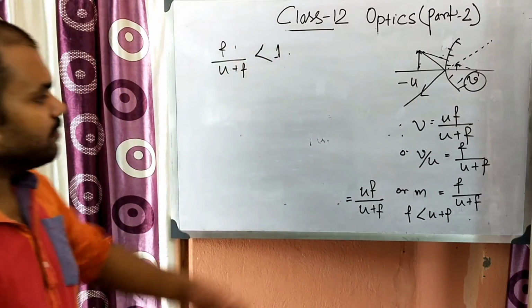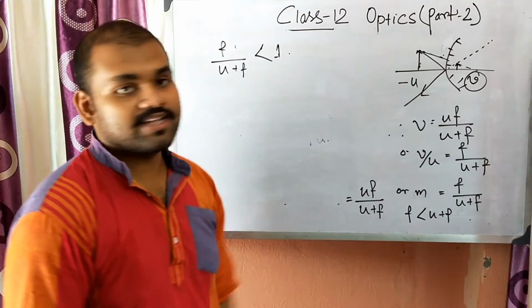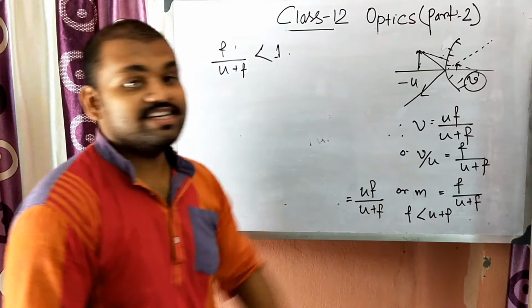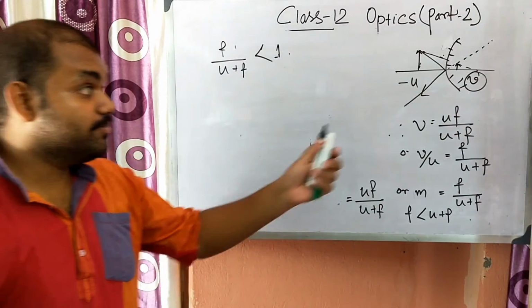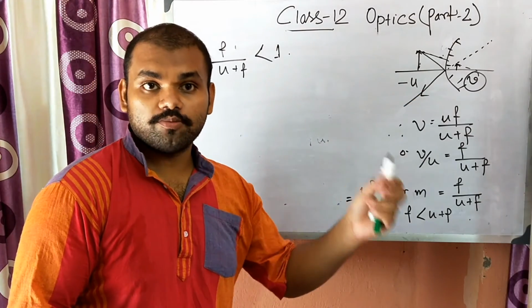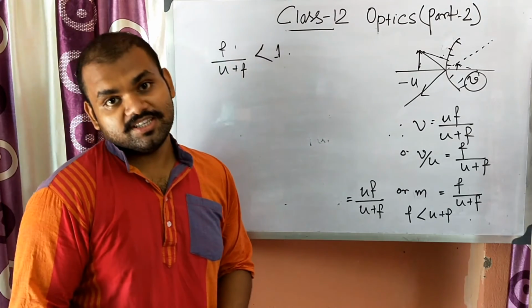Less than 1 means linear magnification is less than 1. Linear magnification is less than 1 means the image is diminished, or the image formed in case of a convex mirror is diminished in nature.